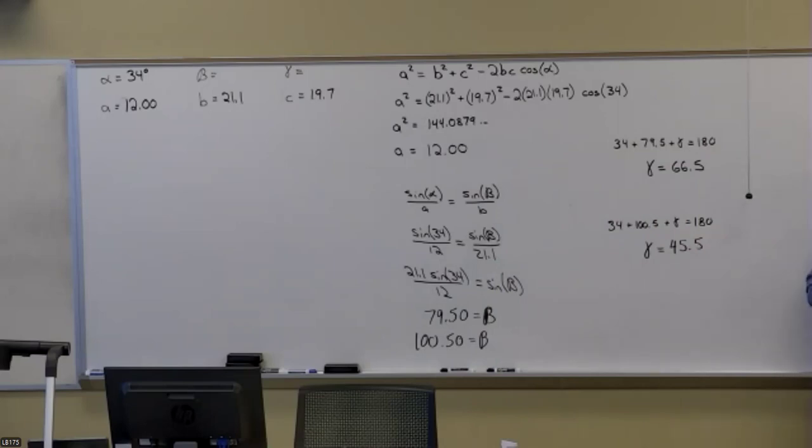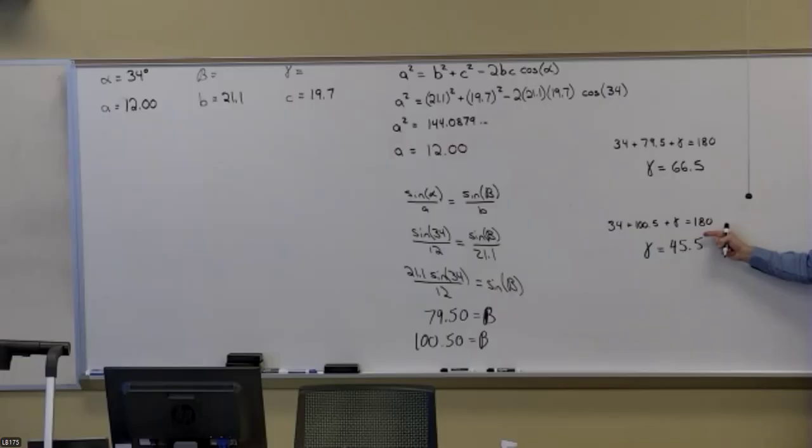Now it seems like at this stage, the way I've solved it, both options may be correct at this stage. But the sign of each of these is different. These are not supplementary angles here for gamma. So one of them is going to work, one of them is not going to work.